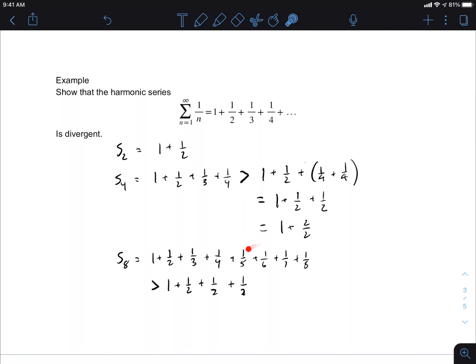And then here I changed these to 1/8. So I have 4/8, which would be the other half. That ends up being 1 plus a half plus a half plus a half, which is equal to 1 plus 3 halves. And we can see it was 1, 2, 3 halves.